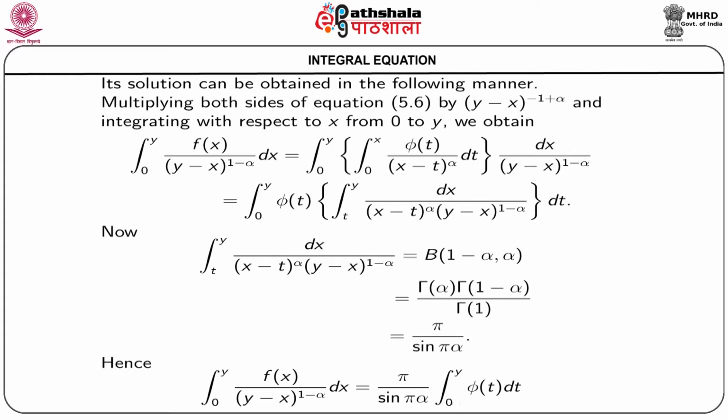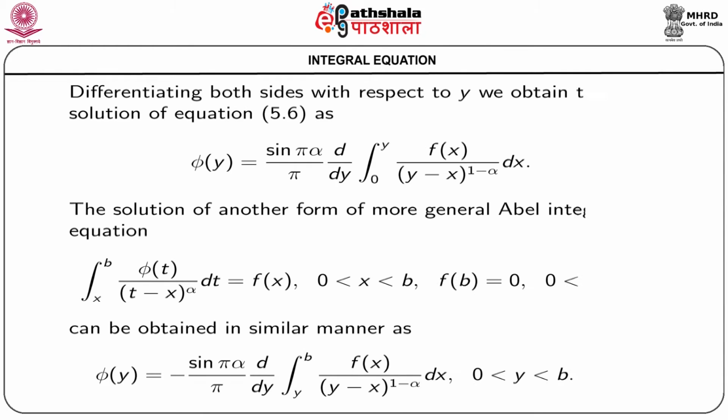So, to obtain phi t, we differentiate both sides of this expression with respect to y, and we get the solution of the slightly generalized Abel integral equation as phi y equal to sin pi alpha by pi d dy integral of 0 to y fx divided by y minus x to the power 1 minus alpha dx, as given in 5.7.